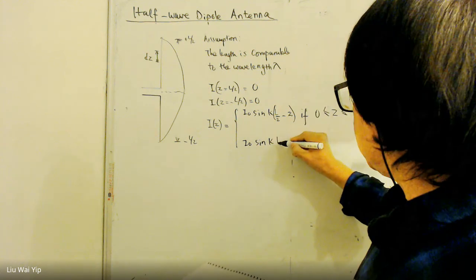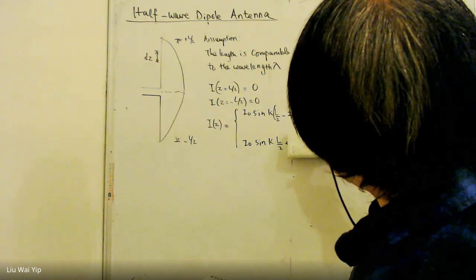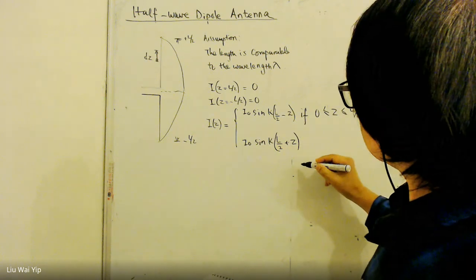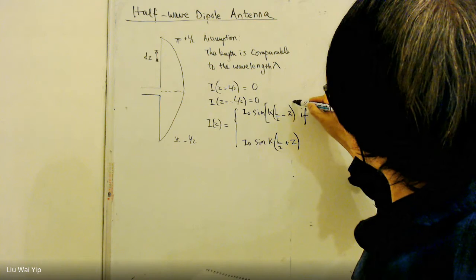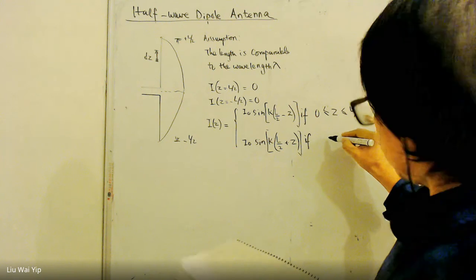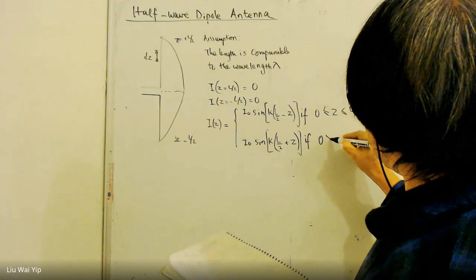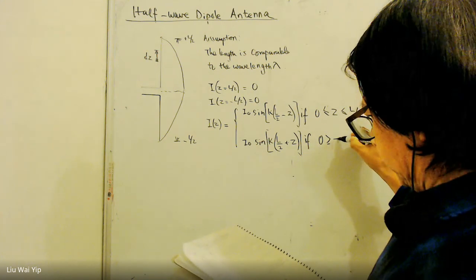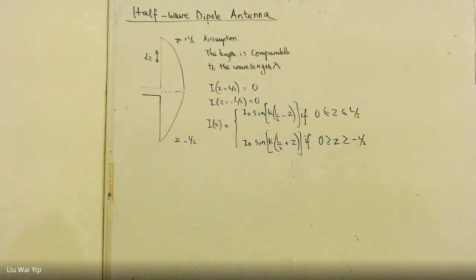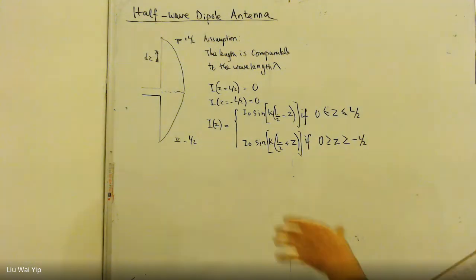It will be L divided by 2 plus z, and if z is minus L by 2, the current is 0. So this is the first thing we need to have, the current distribution.